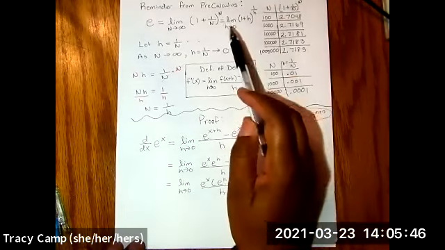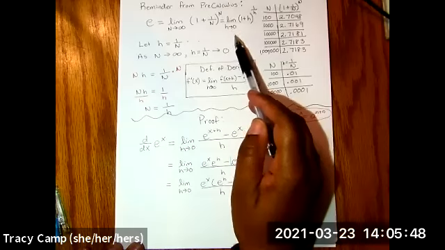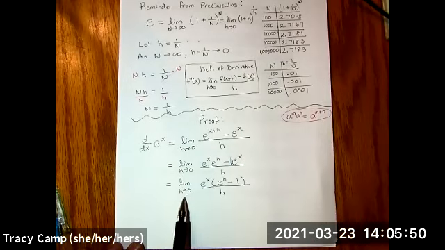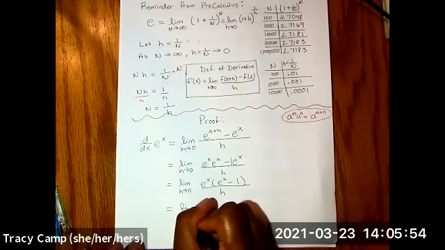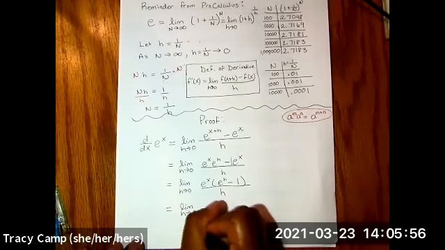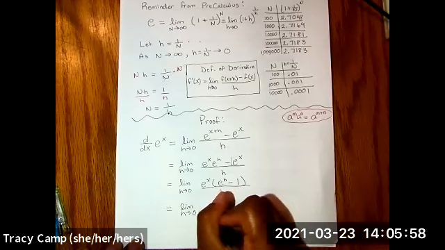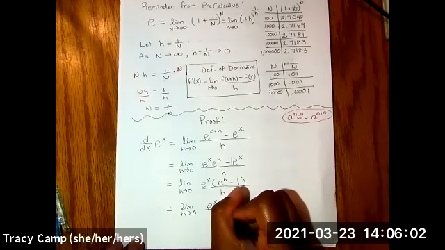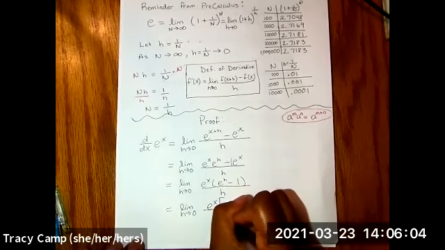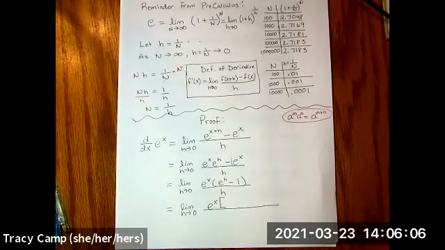And again, notice this has limit as h approaches 0. This has limit as h approaches 0. So I'm good. So we end up with the limit as h approaches 0. And so I have the e to the x. I'm just bringing that down. Now this looks really messy, but the mess is worth it.